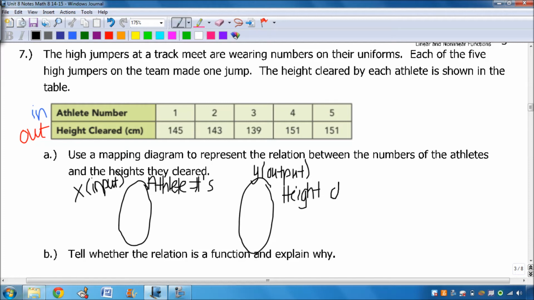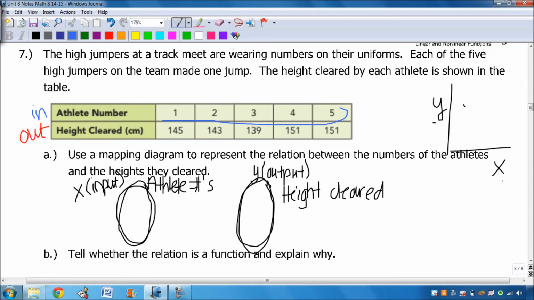So it's kind of like when we do a graph, right? We put our x-axis here and our y-axis here. Our x variables go here, our y variables go here. However, this time we're going to put all of our x variables in this oval and all of our y values in this oval right here. So all of our x values are given to us right here: 1, 2, 3, 4, 5. So I'm going to fill in 1, 2, 3, 4, 5.